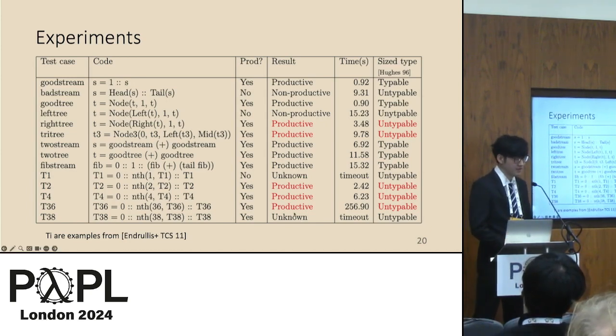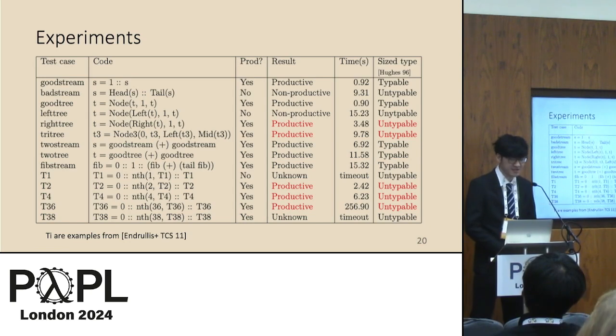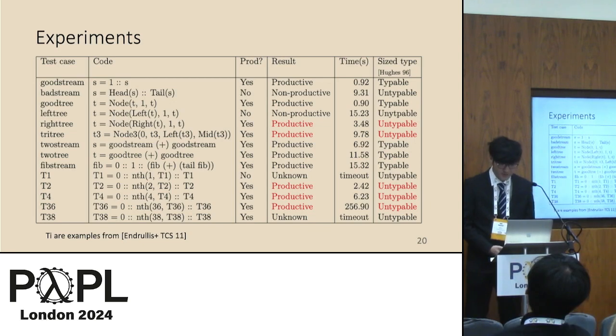Our tool successfully verified all test cases except T1 and T38. So our tool can verify some instances that previous tools can't handle. But the performance is low in some cases.